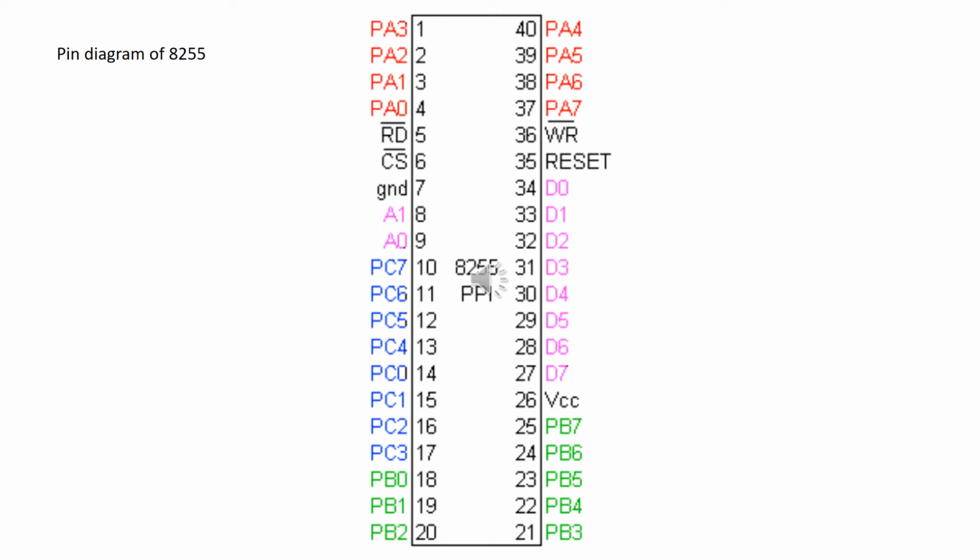This is the pin diagram of the 8255. As you can see, it has 40 pins. Out of them, the pins from 27 to 34 are the data pins. The address pins are 8 and 9, A0, A1. Then you have ports PA, PB, PC.